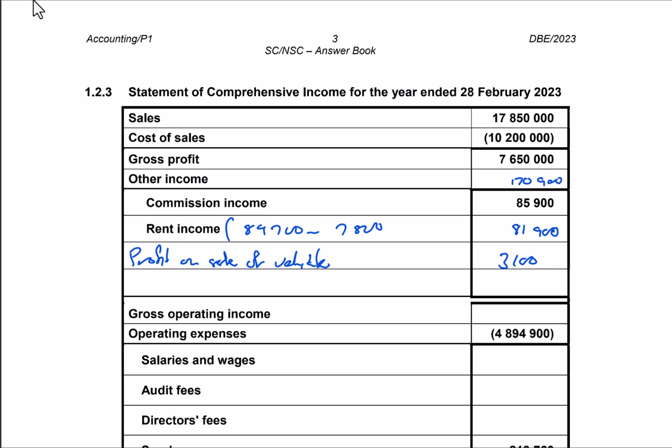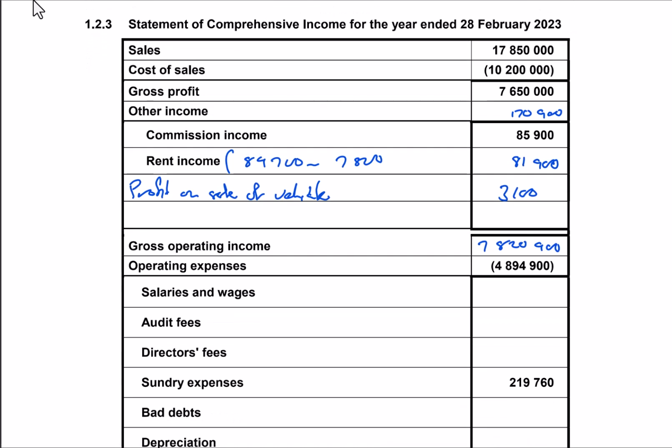Gross operating income will be gross profit plus other incomes, that's plus 7,650,000. That's 7,820,900. Then salaries and wages.